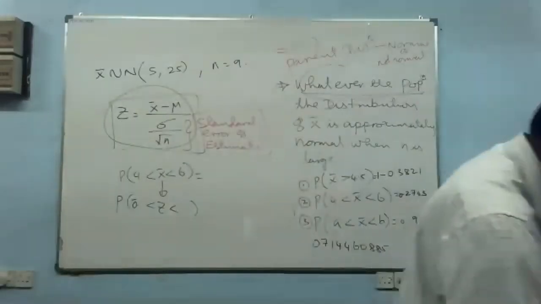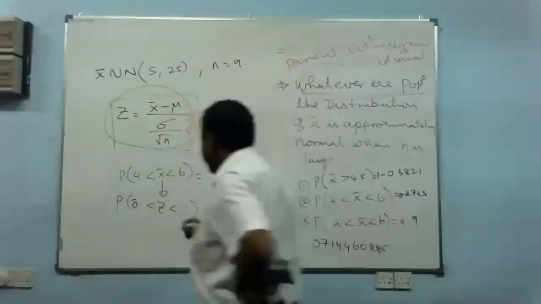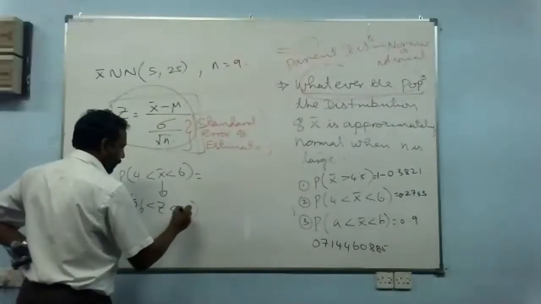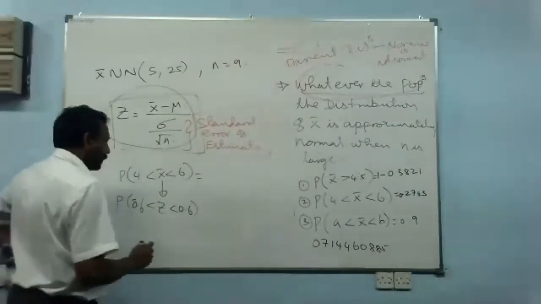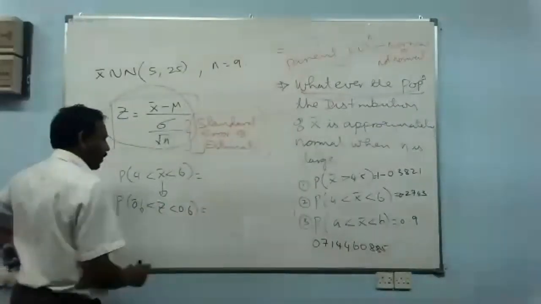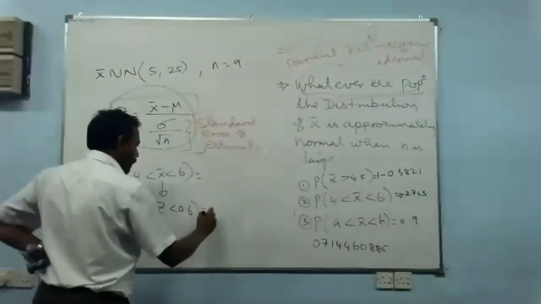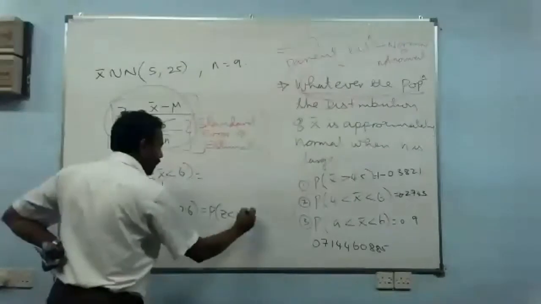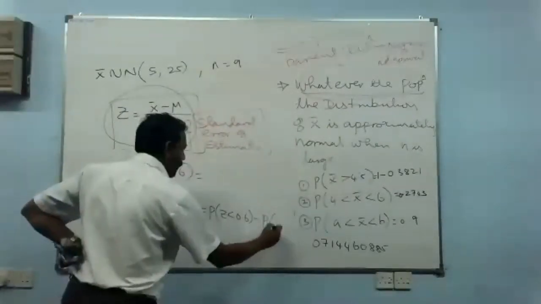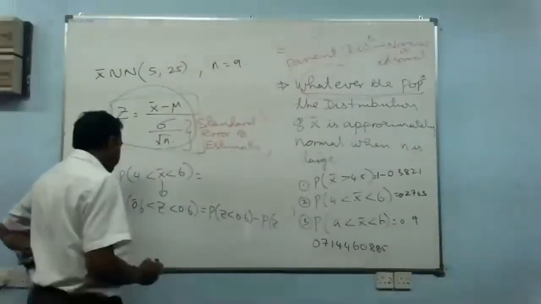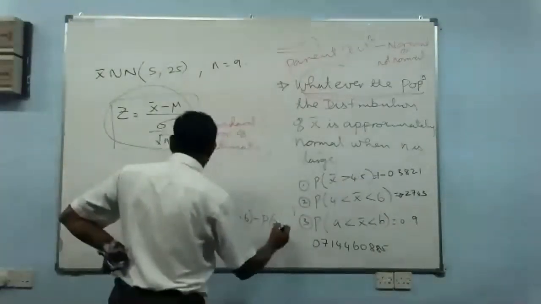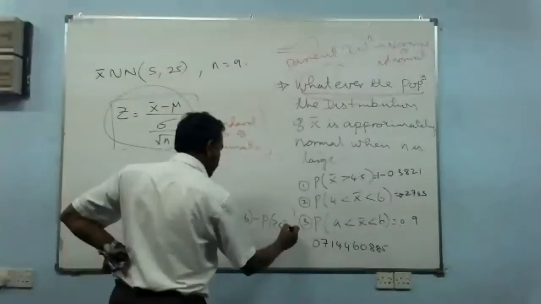Minus 0.6, yes, and plus 0.6. Right. Okay. So now tell me the probabilities, because we can say probability of z less than 0.6 minus probability of z less than minus 0.6.